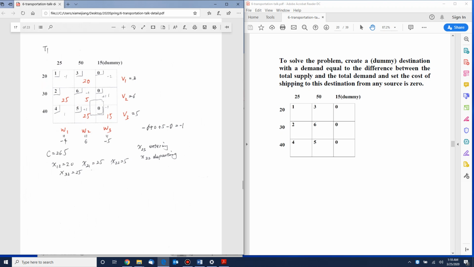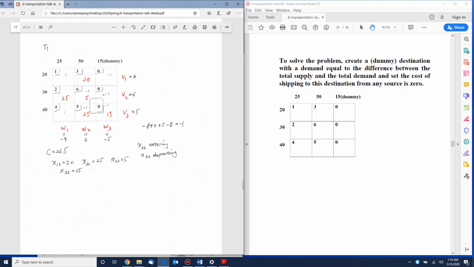When we finish the modified distribution method, we work out the dual variables, and then find the entering variable: x23 should be entering, and then with the loop we find x22 should be departing. When x22 is departing and x23 entering, we find the value is -6 plus 0 plus 5 minus 0, so this is 6.